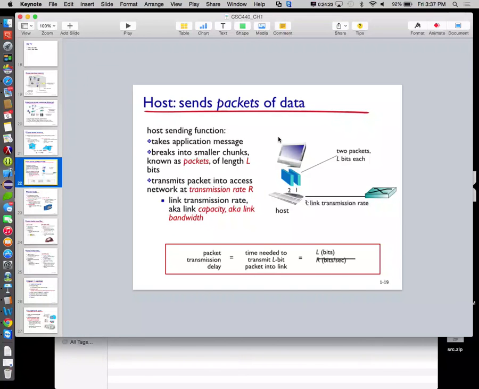All right, so early on with these different networking protocols, the languages that we were using to send things from one point to another point over a network, they had to figure out what's that sweet spot. What is efficient enough that you're not spending all your time packing, and what's not so inefficient that a data error is going to require you to resend everything. So we got to find that place in the middle. Okay, and that gets into our packets of length L, however many bits they are.